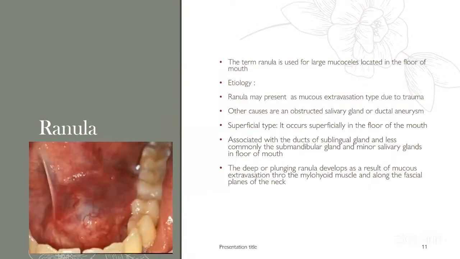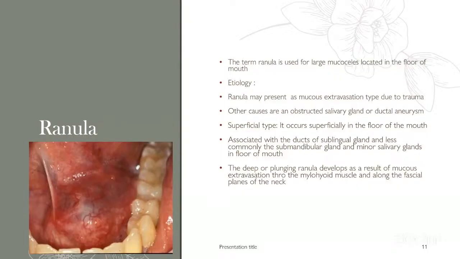Now next is ranula. It's called ranula because it resembles a frog's belly, and they are large mucoceles situated in the floor of the mouth. And they may be extravasation type or the retention type, and you have a superficial type and the deep or plunging type.